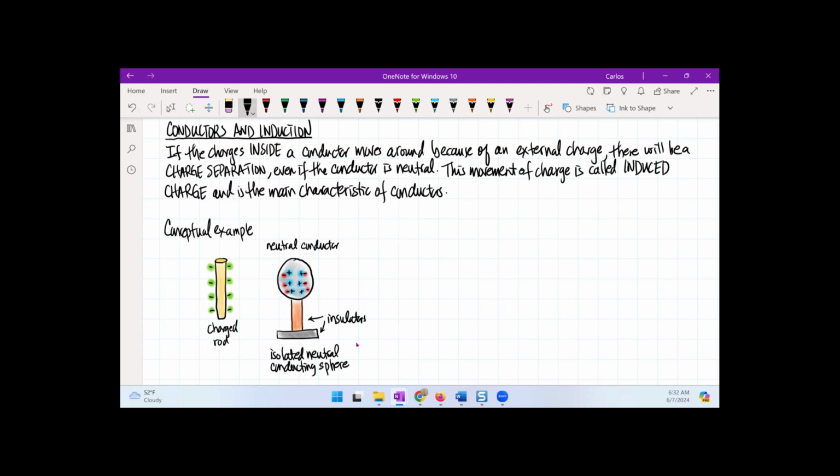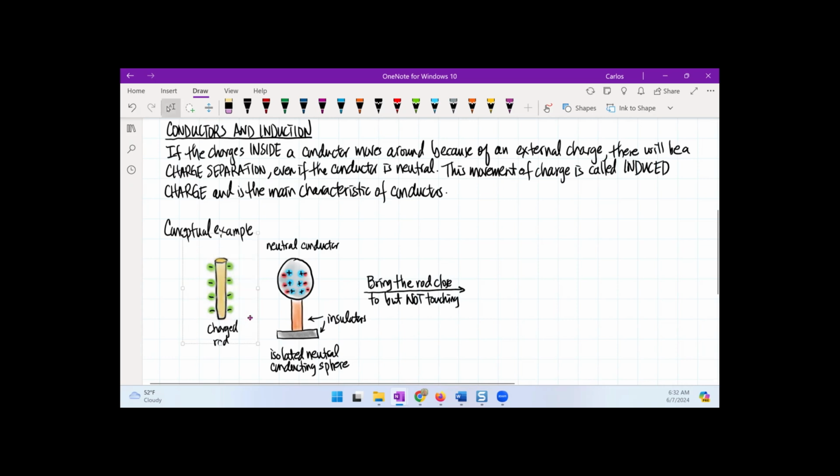Now, what I'm going to do here is bring the rod close to, but not touching. So now what actually happens here?